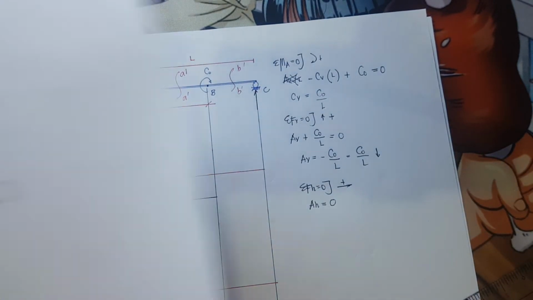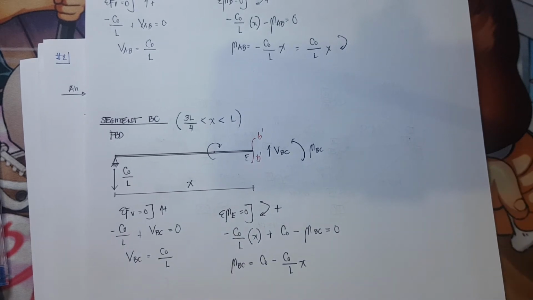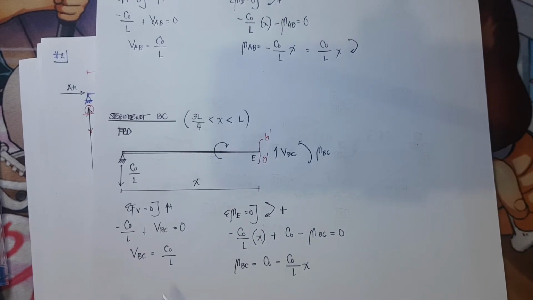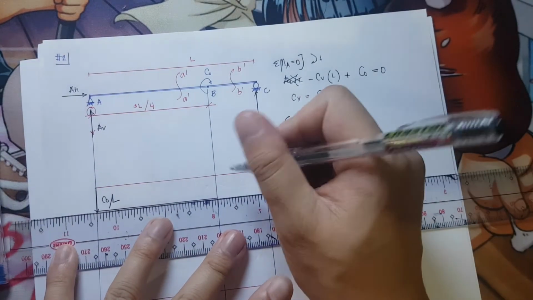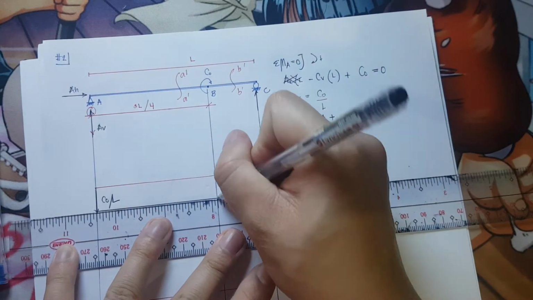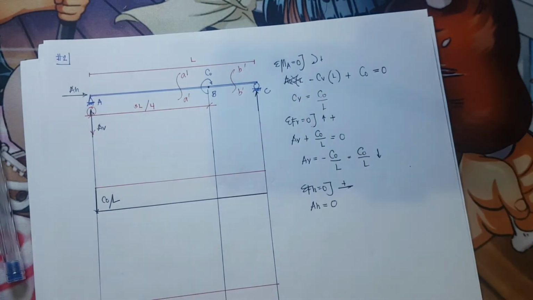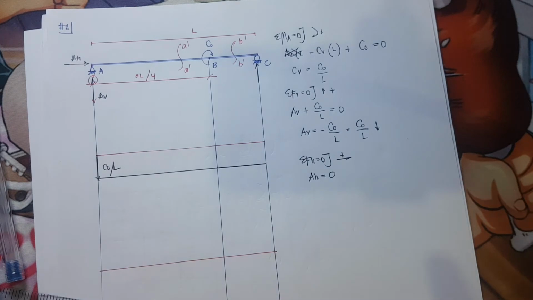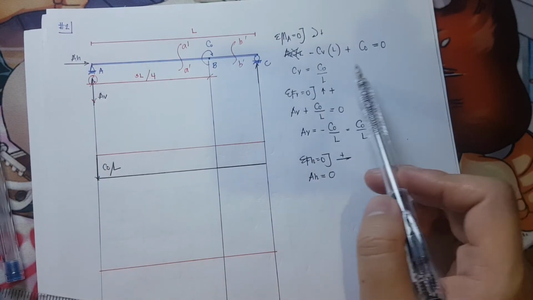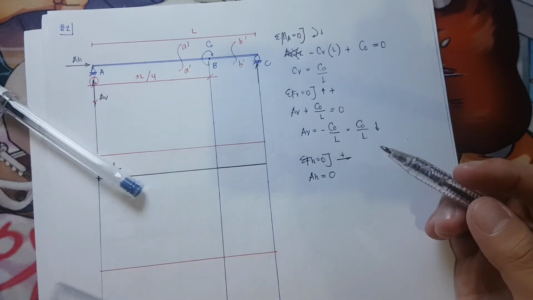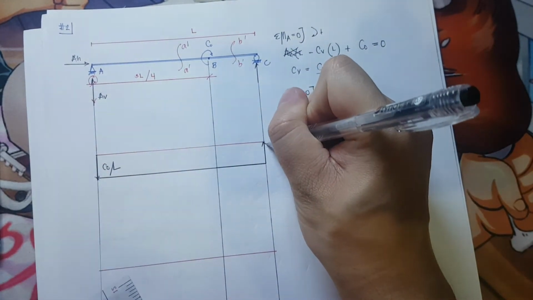Now, from segment BC, it is C's of naught over L. So there's nothing changing. So we have here C's of naught over L. Then at support C, you have there a C's of naught over L, and that is positive, that is pointing upward, so it will simply go back to 0.